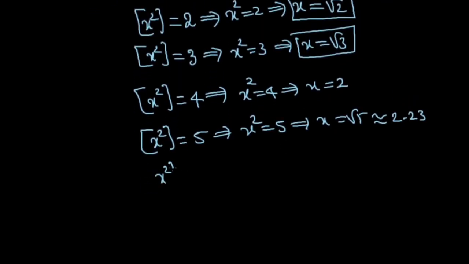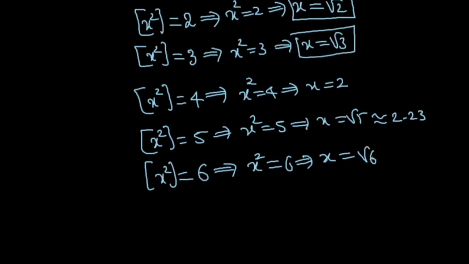Let's say the step function of x square is 6. Then at what value of input will I get 6? x square is equal to 6, so x is equal to root 6, which is nearly 2.44.